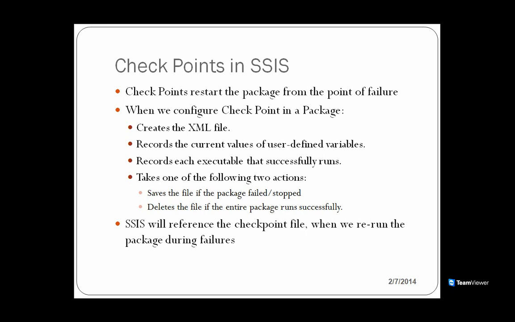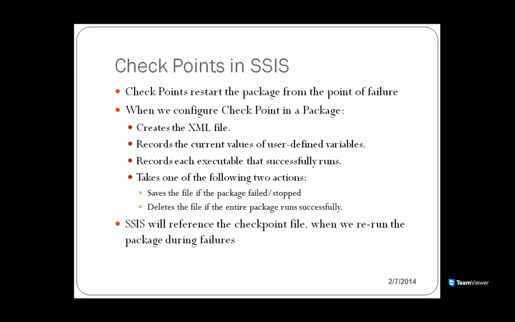After checking the issue and rerunning the package, it should not execute task 1 again, and it should not repeat the same activity again and again. It should execute from where it stopped. So that is the configuration given by the checkpoint.